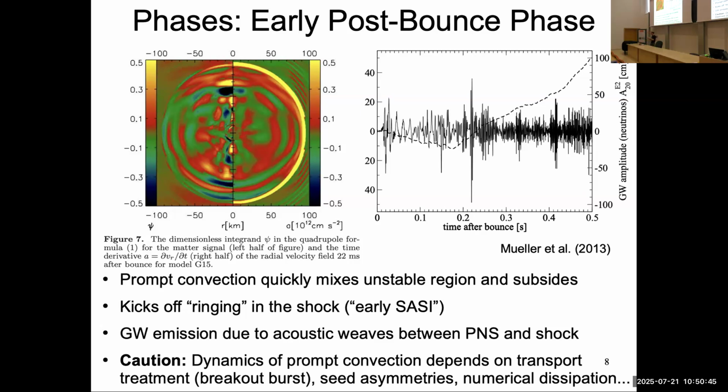But very often in the gravitational wave signal, you as gravitational wave astronomers might have questions about how robust this signal is that we simply may not have answered yet, because the way of thinking in the core collapse supernova community is just focusing on other things. And the prompt convection signal is just one example of that.